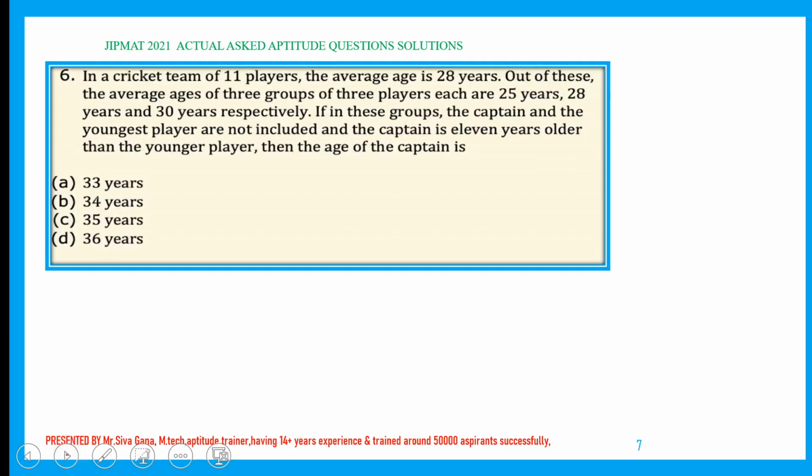So in the cricket team, 11 players are there. The average age of the 11 players is 28. 11 into 28, which is nothing but 308. This is the total age of the 11 players. Out of these, the average age of the three groups of 3 players each, right?